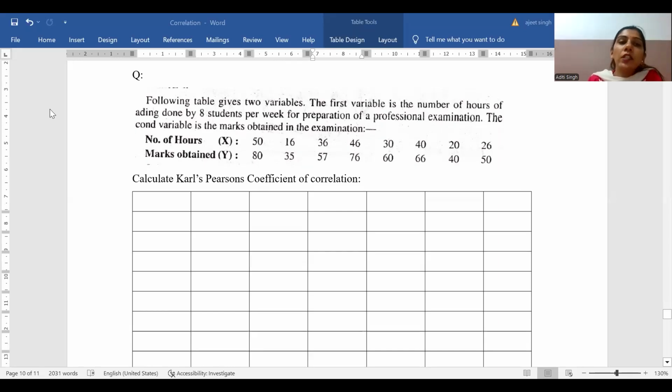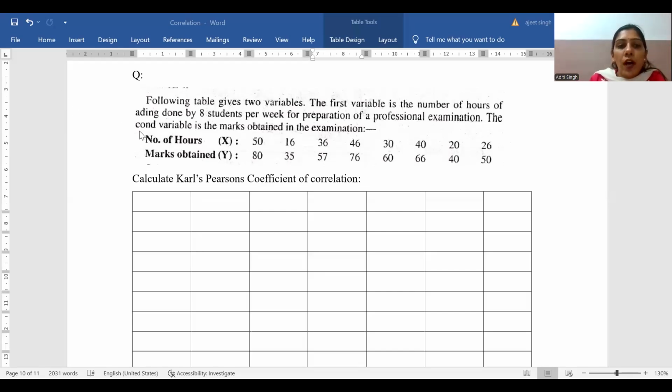So the question is: the following table gives two variables. The first variable is the number of hours of study done by 8 students per week, so n is given, which is 8, for preparation of a professional examination. The second variable is the marks obtained in the examination.